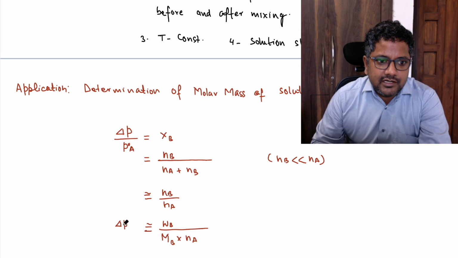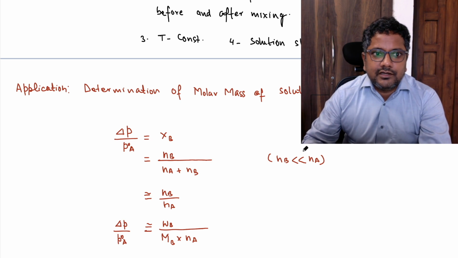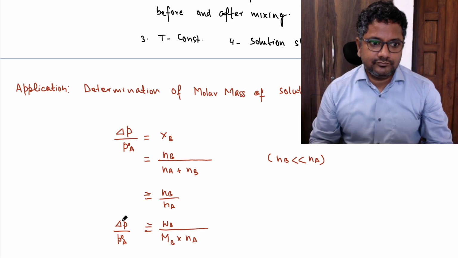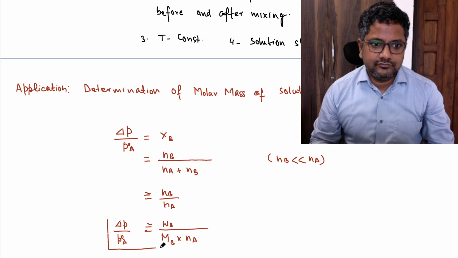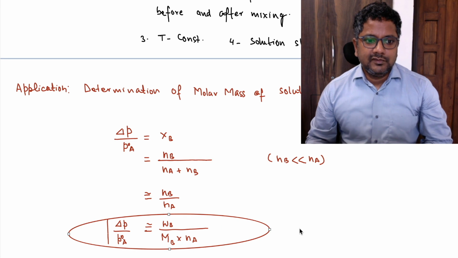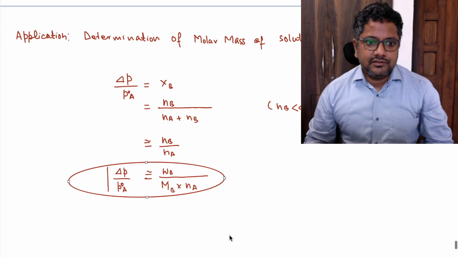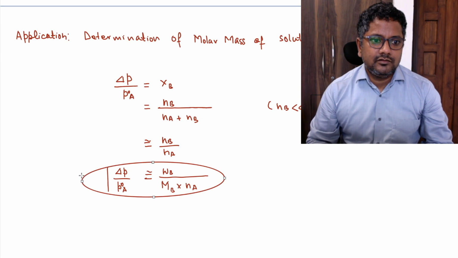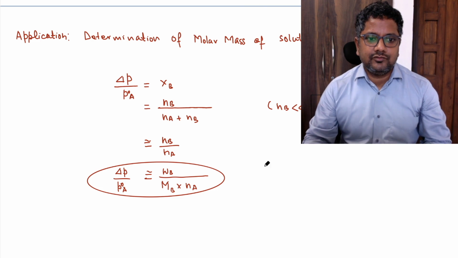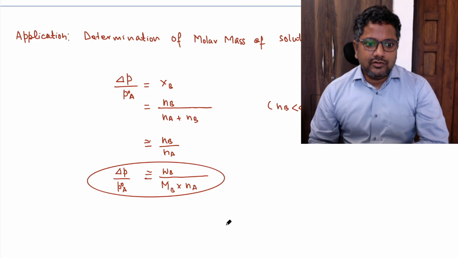So this is delta P by P naught A. So you can determine the molar mass of this solute.